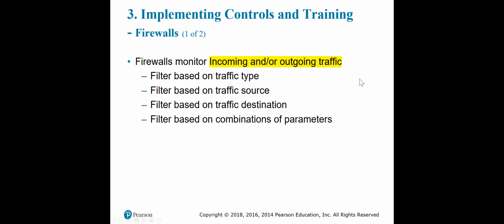And a firewall is a network security system that monitors and controls the incoming and outgoing network traffic based on a predefined rule, like based on traffic type, traffic source, traffic destination, and combinations of parameters.